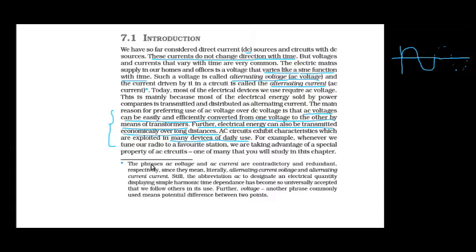The first benefit is AC voltage can easily and efficiently be converted from one voltage to another by means of a transformer. So 120 volt can be converted easily and efficiently to 240 volt by a transformer.